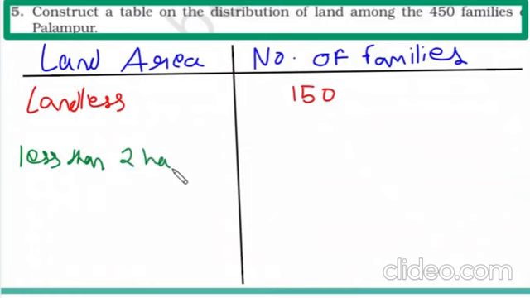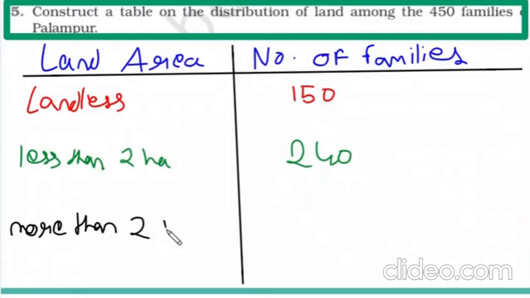The people who have less than 2 hectares of land, there are 240 of them. And the last category, the medium and large farmers who have more than 2 hectares of land, there are only 60 families.